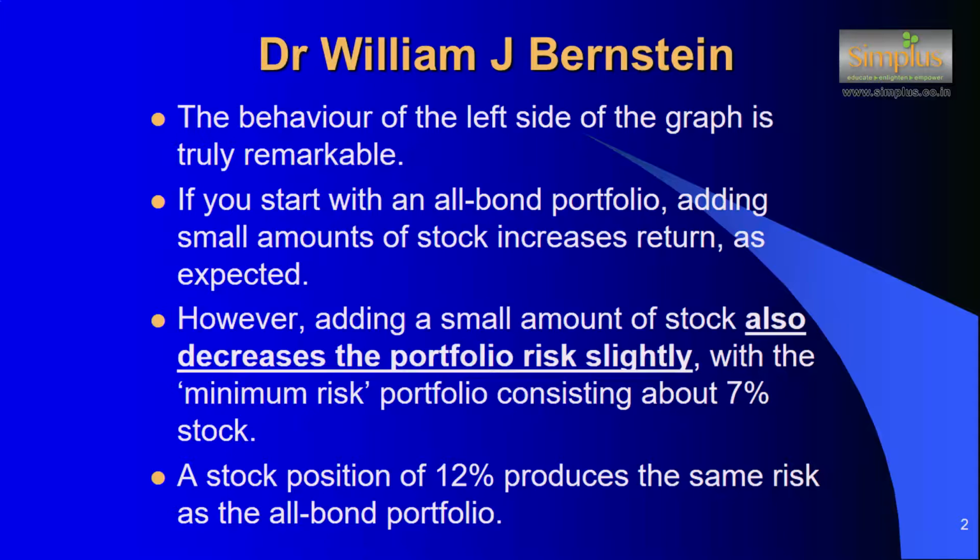Understand this, and now in the light of what we have seen here, let us understand what William Bernstein is saying in the beautiful book called The 4 Pillars of Investing. The behavior on the left side of the graph is truly remarkable. If you start with an all bond portfolio, adding small amounts of stock increases return as expected.